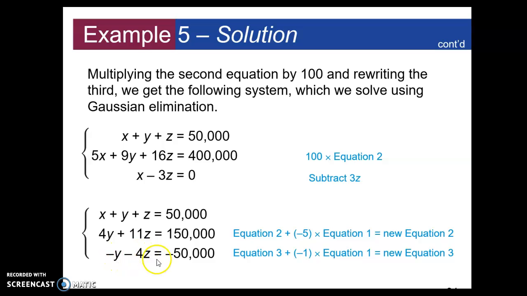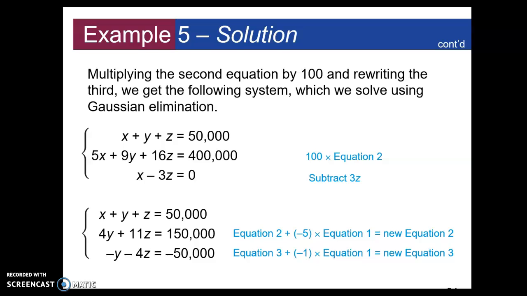And then all I decided to do was flip-flop. To be honest with you, I don't know why I decided to write it the way I did after computing what we just described to get -5z is equal to -50,000. But I decided to use it to replace equation 2 as opposed to equation 3, and either can be done.